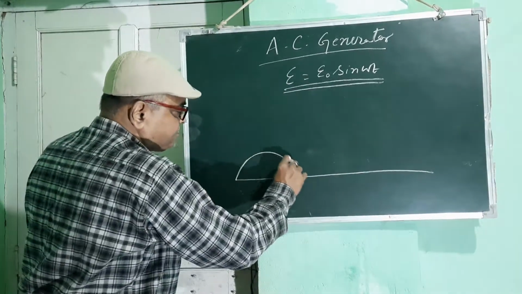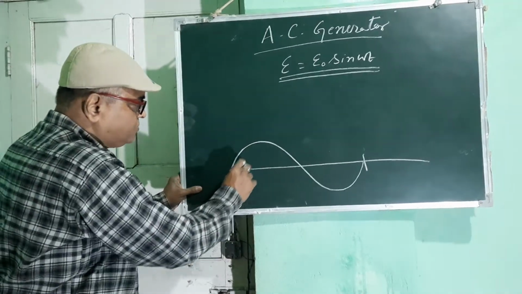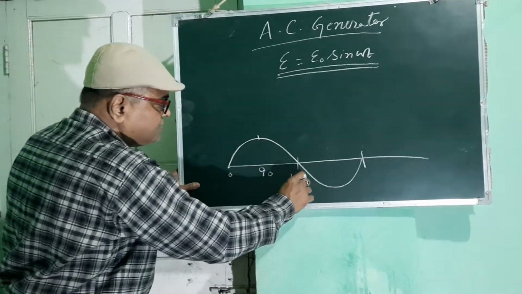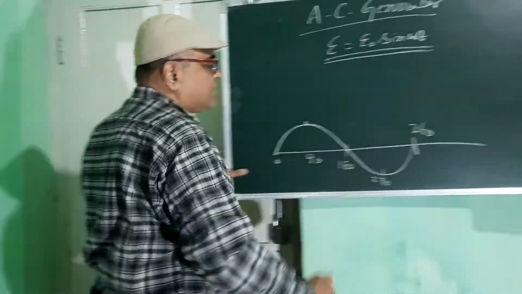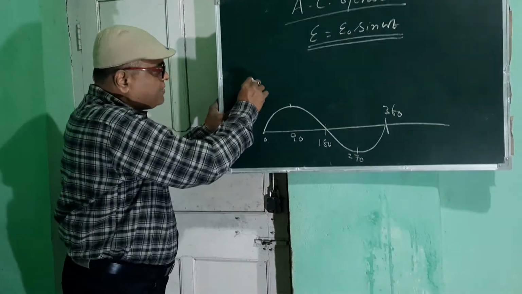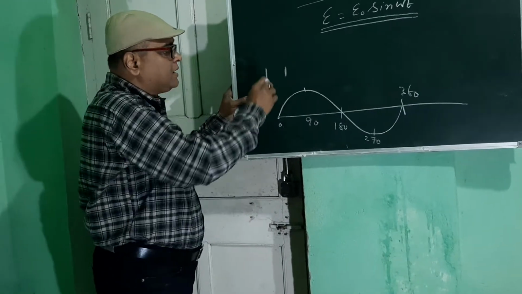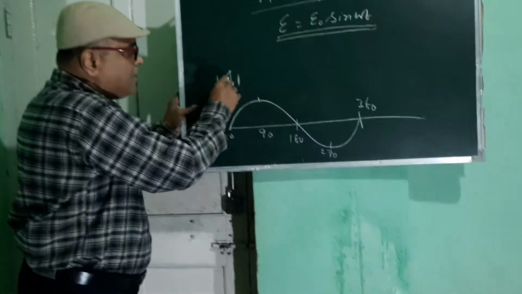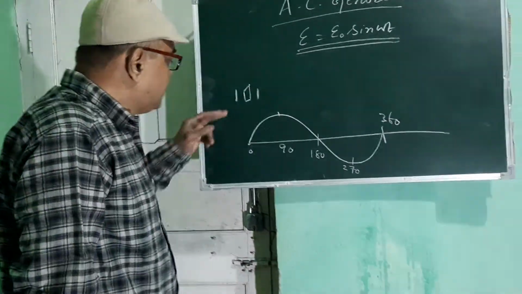That is 0, 90, 180, 270, and 360. Now in the first case, for example, there is a magnet, and the armature will be perpendicular to the magnetic field.